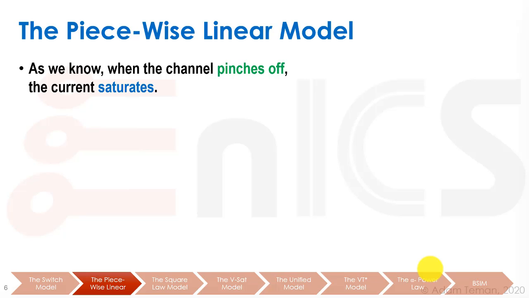In our switch model, we could have raised VDS arbitrarily and gotten a higher and higher current, and we know that's not true. In fact, once our channel reaches what we call pinch off, we get a saturation of the current. So let's put that into our model.